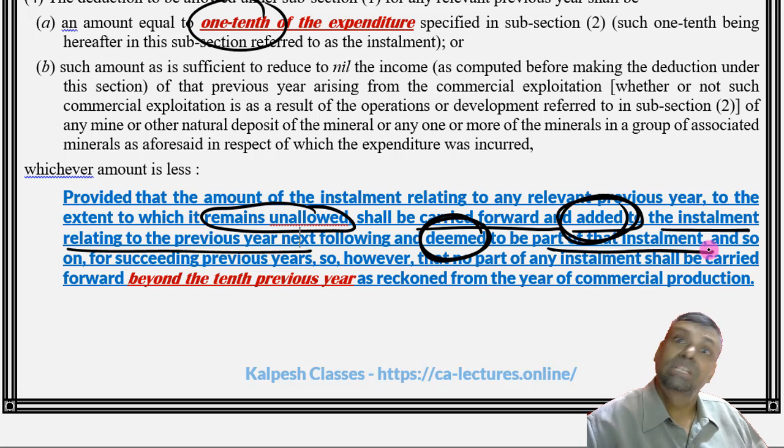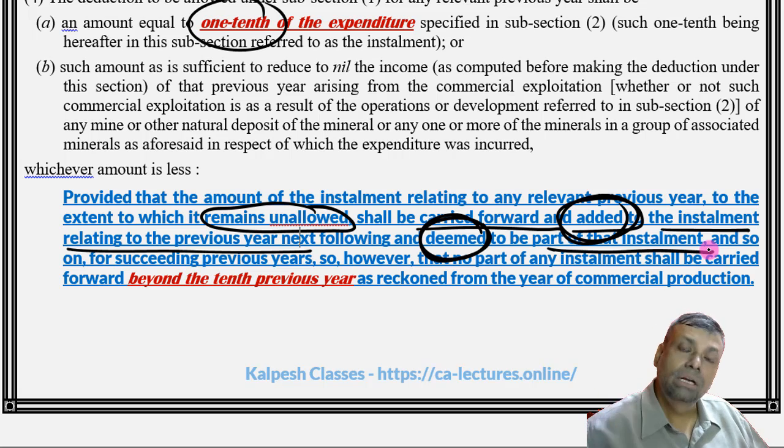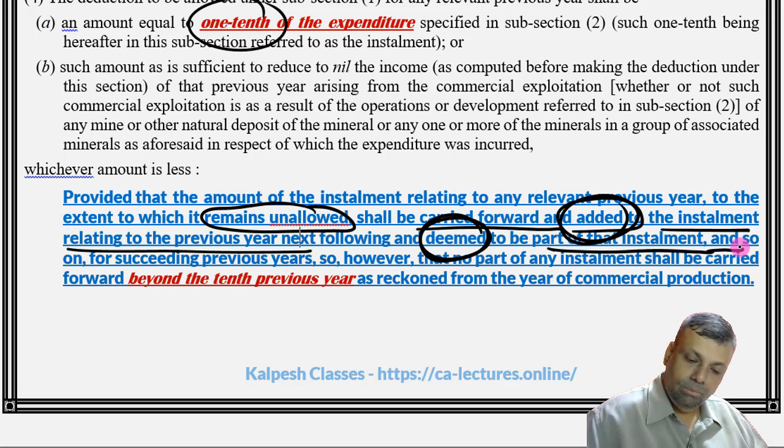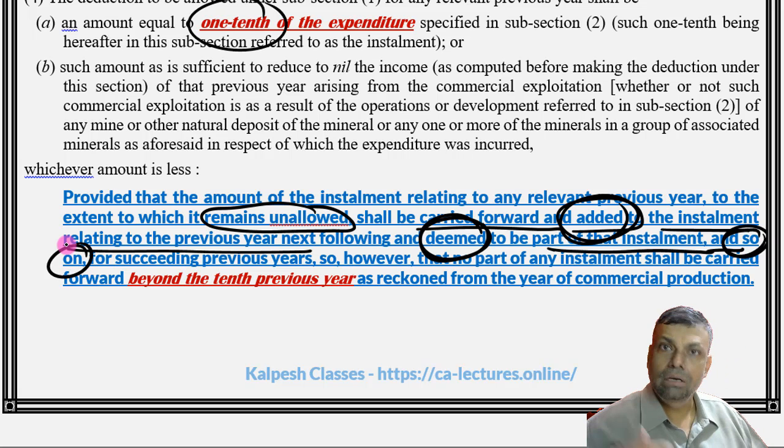Such language is also seen in the depreciation provision, that it shall be added to the allowance of the subsequent year. That means here the carry forward set off, if it was carried forward from an earlier year, will become as good as the current year expenditure, because it shall be added and deemed to be the allowance of the current previous year. It shall be deemed to be the part of the installment, and so on and so on. Similarly you have to keep on doing it from the first year to the second year to the third year.